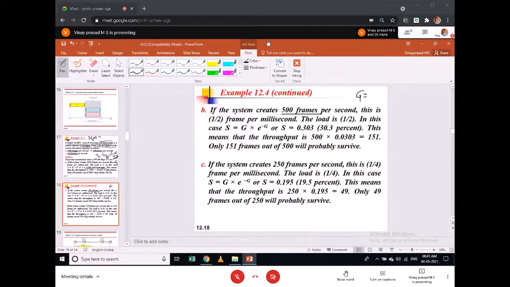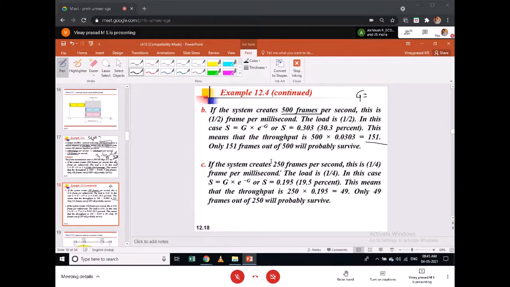It is half a frame. So if you substitute G equal to 1 by 2 in this expression, you get 30.3% as the efficiency, or throughput. So the throughput becomes 500 into 0.303, and you get 151 frames completing their transmission out of 500 frames.